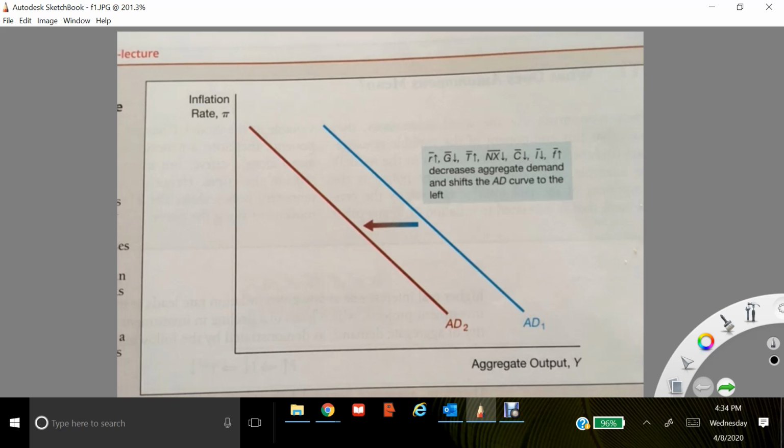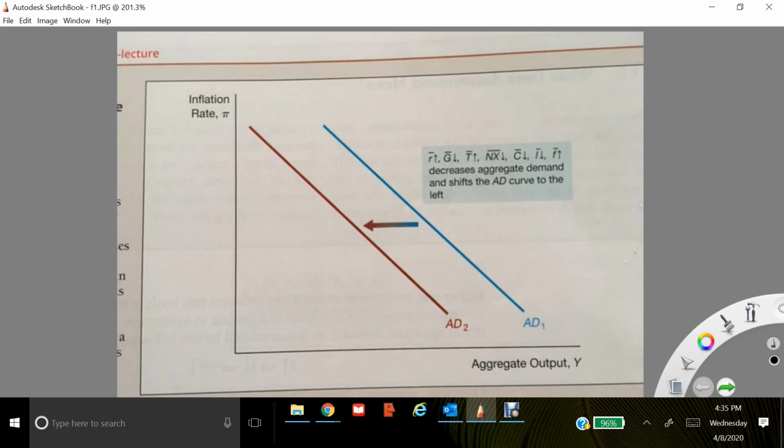And we're going to take that into chapter 23, where we're going to look in detail at how the Federal Reserve in particular can direct monetary policy to improve things.